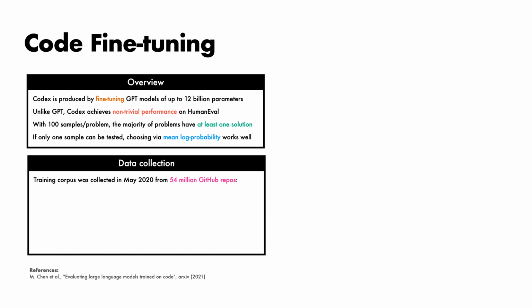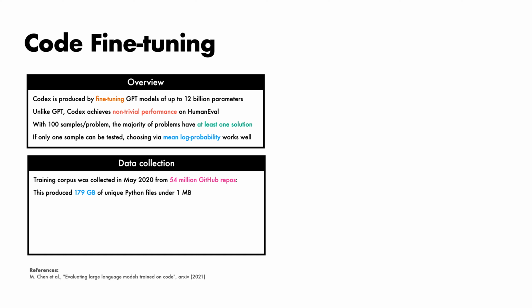The dataset used for training was gathered in May 2020 from a collection of 54 million public repos on GitHub, producing a total of 179 gigabytes of unique Python files under 1 megabyte each in size.